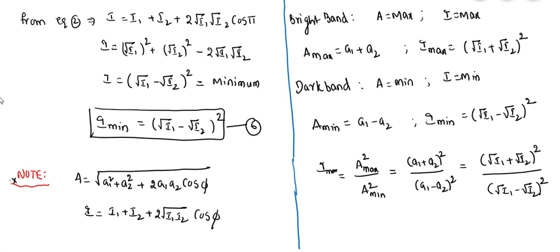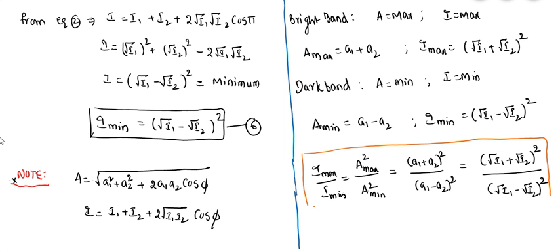Today's concept you will not get directly in the exam, but this is important for the problems. It's just I max by I min is equal to this formula. I'm going to draw a box. Very important formula.